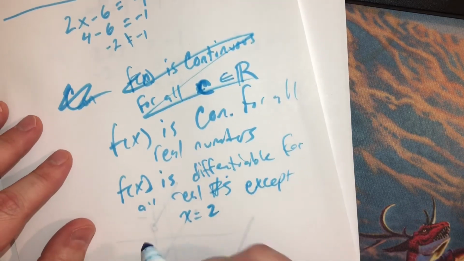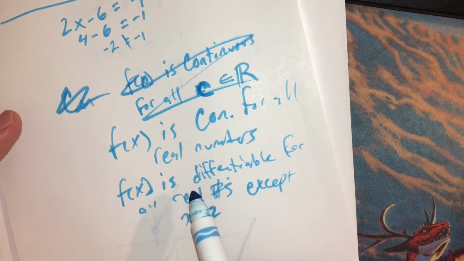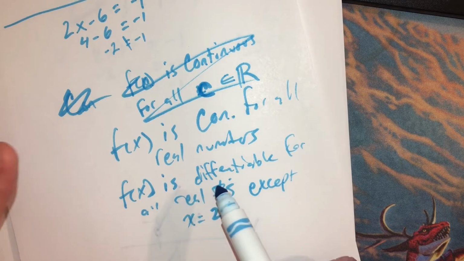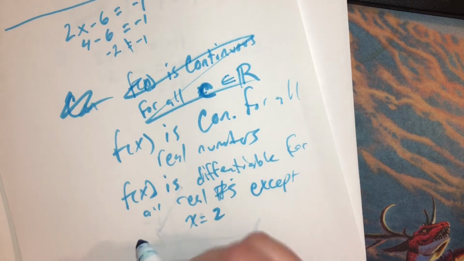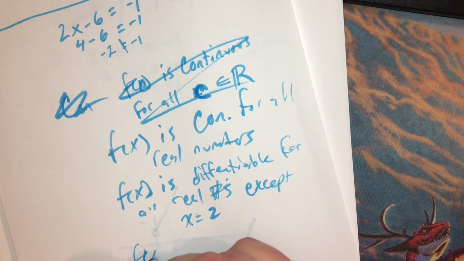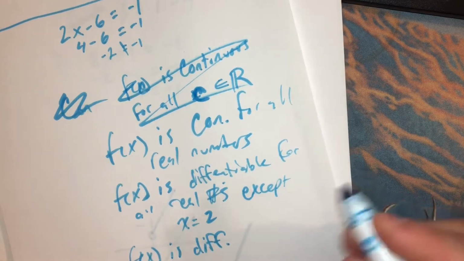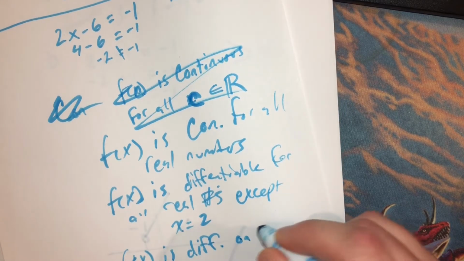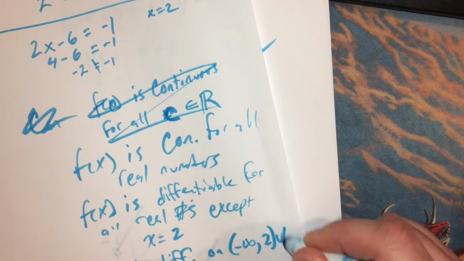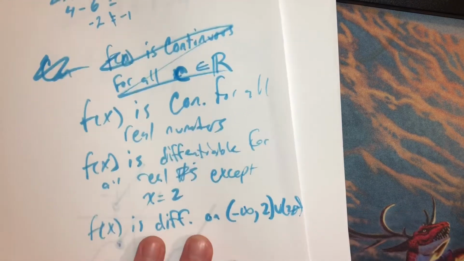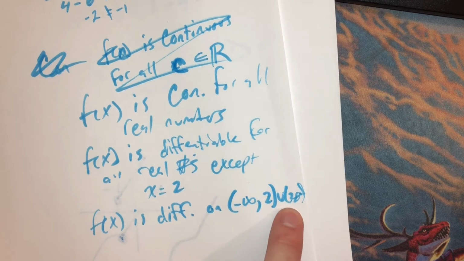And then another way that we could say that, this is like an exclusionary way to say it. We could say f of x is differentiable on negative infinity to 2, union 2 to infinity.